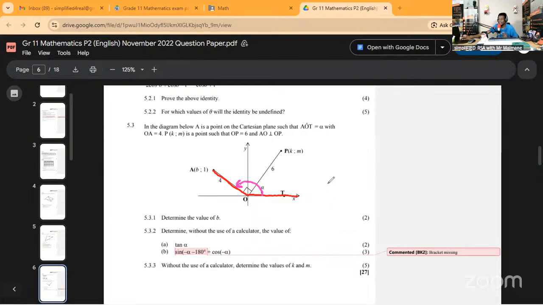And then with OA being given as 4, we can see it there. OA is 4. And then we have point P, which is a point such that OP is equal to 6, and it is said that AO is perpendicular to OP.